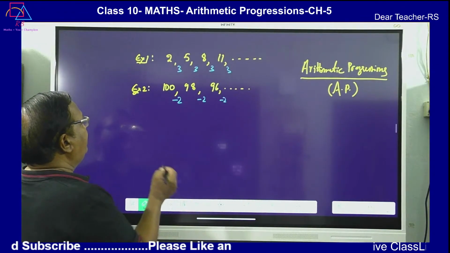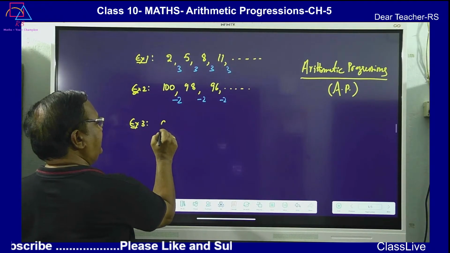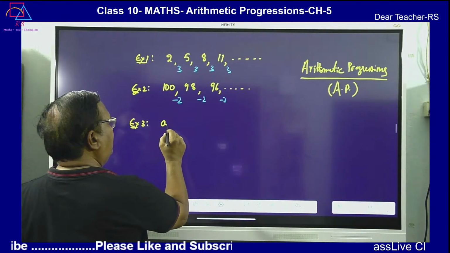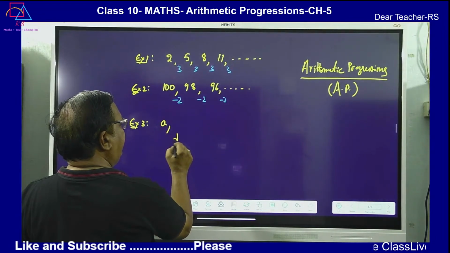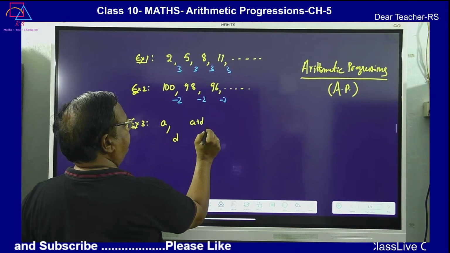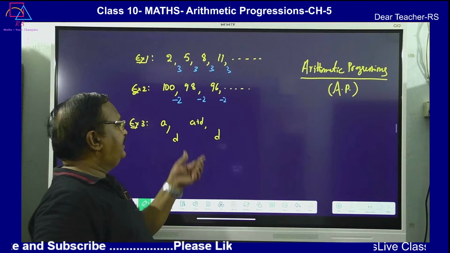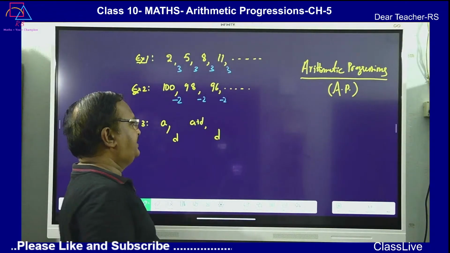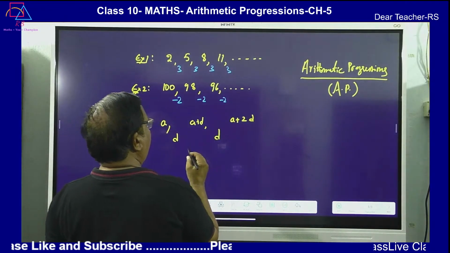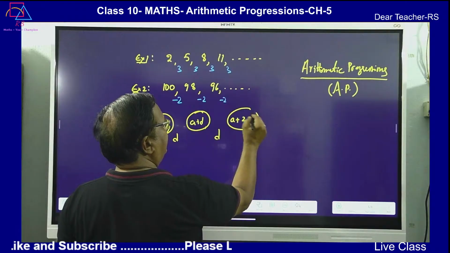In this, a few things are there. Let me start with a as the first term. Now I am adding d: a plus d will be the second term. Again I add d to a plus d to get the next term, which is a plus 2d. So this is term 1, term 2 and term 3.